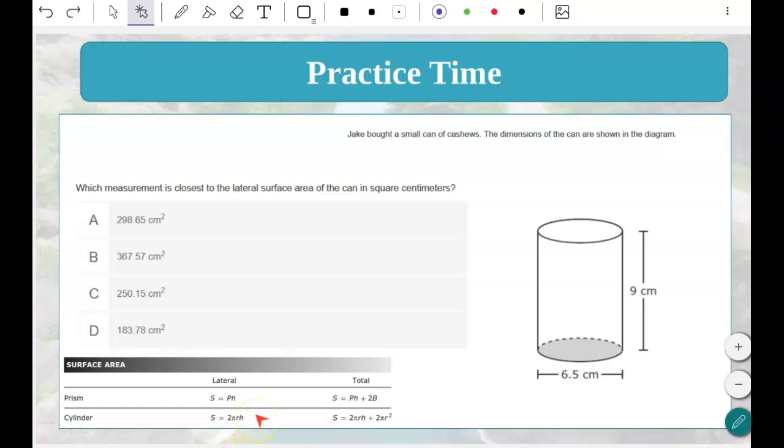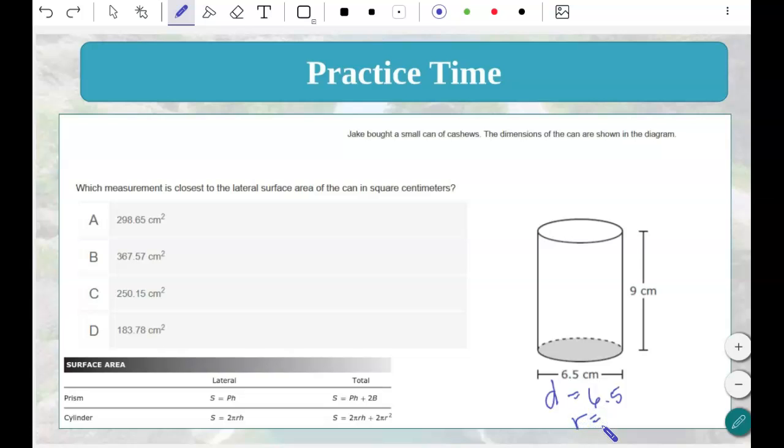So 2 pi rh. So if we look at our diagram, this is 6.5, that's the diameter. So we need to find the radius. So use your calculators, because this is the diameter. The radius would be half of that.